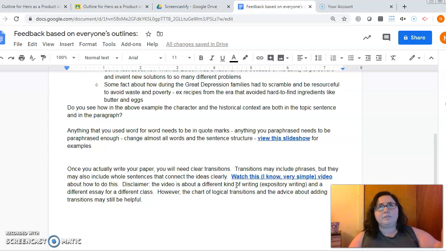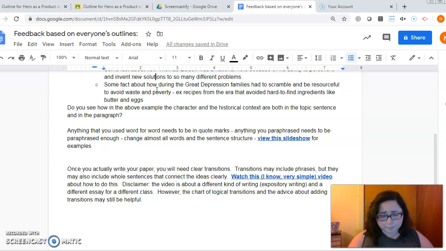Or if you had different facts about different subtopics, like I had here with Thomas Edison and the Great Depression. Those two things don't have to do with each other, but they do because they both value resourcefulness and scrappiness. So that would be an example where a longer transition might be useful to make sure that those pieces stick together.